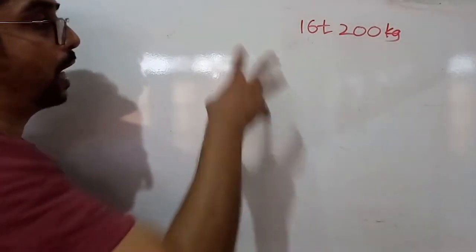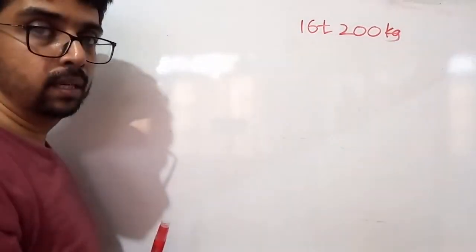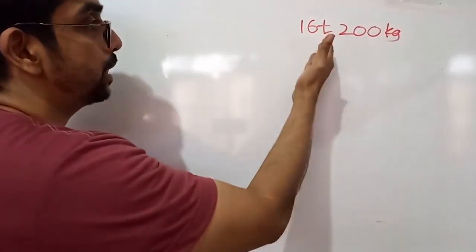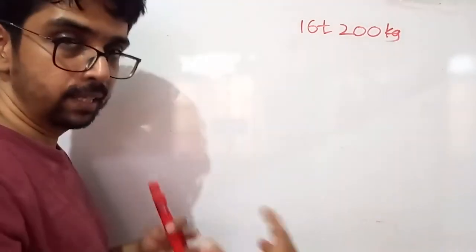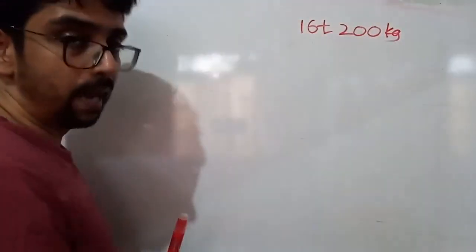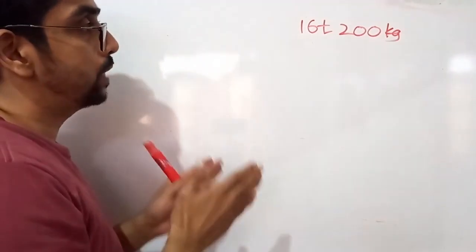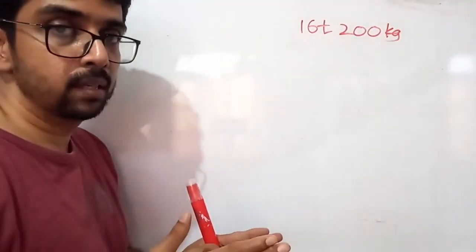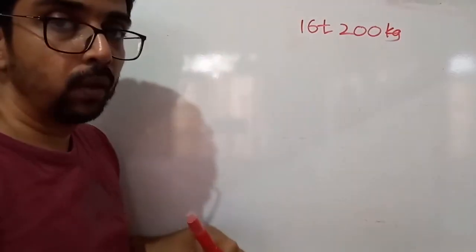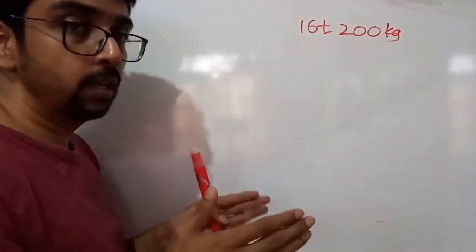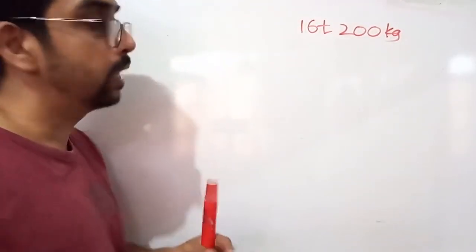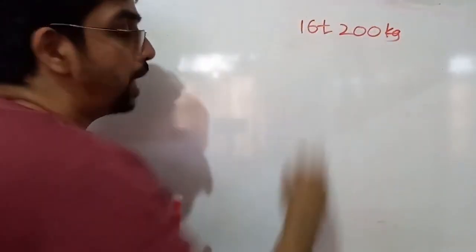How many lorries are there? 9 lorries. So what do we have to do? In order to calculate the amount of rice loaded into 1 lorry, we have to divide this amount by 9.